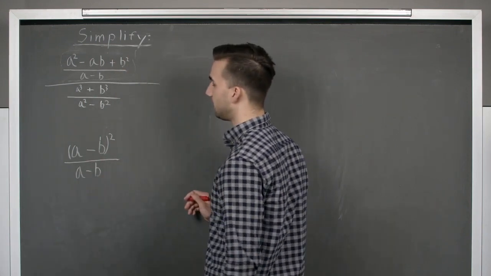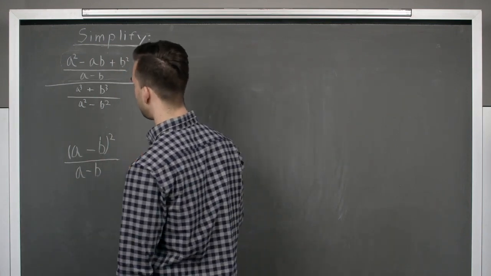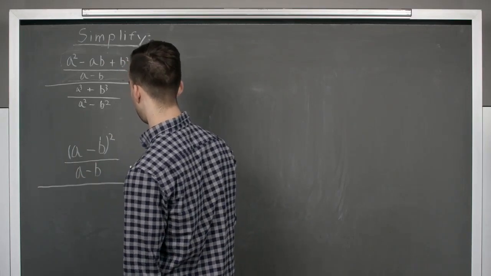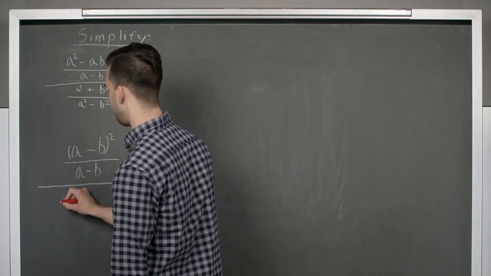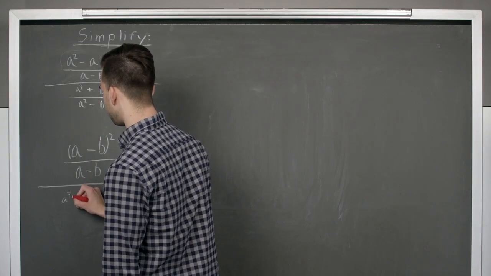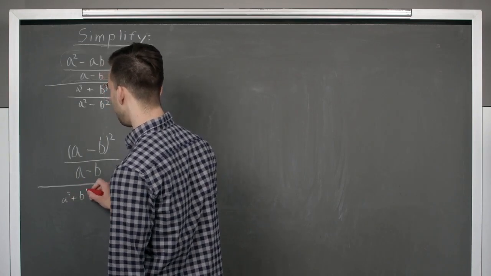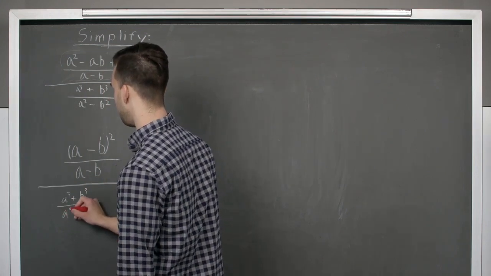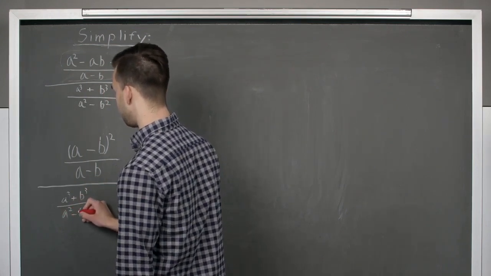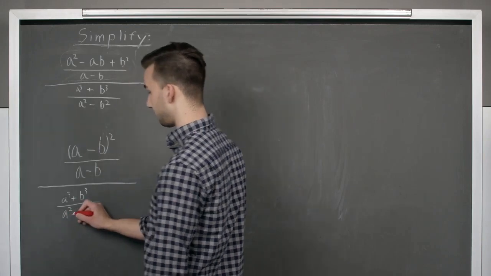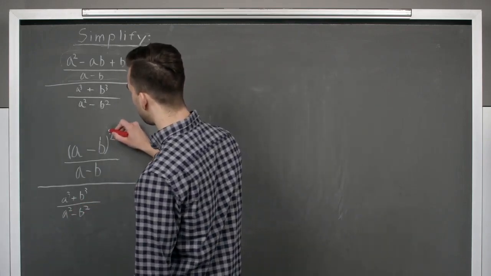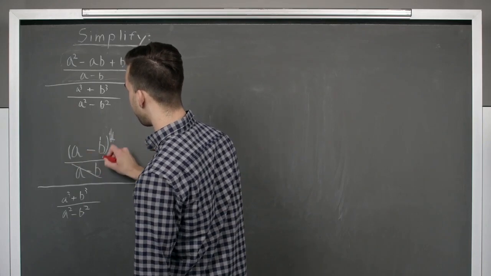Well, look at that, we can cancel. So all that over our denominator here, a cubed plus b cubed over a squared minus b squared, which is a perfect square also, so we'll end up factoring that. But this cancels, right?